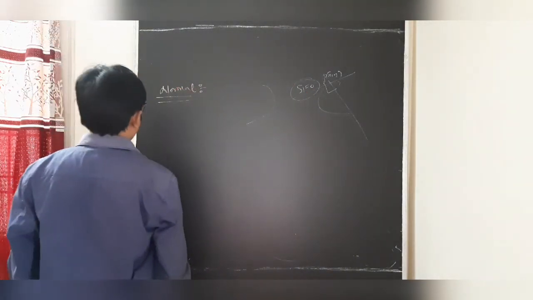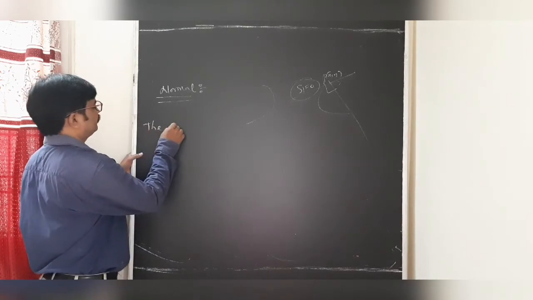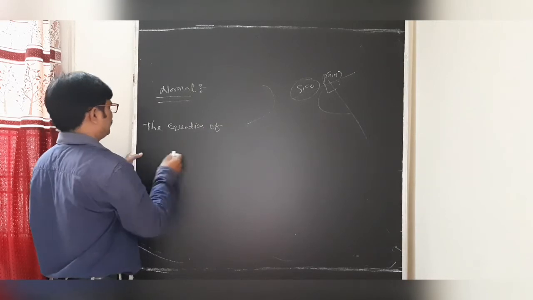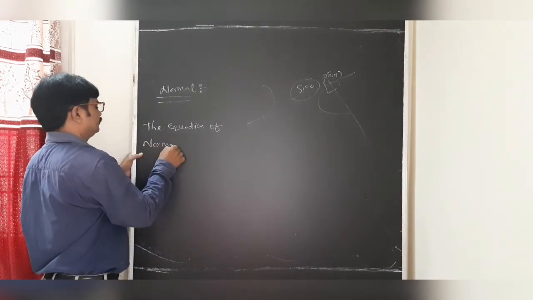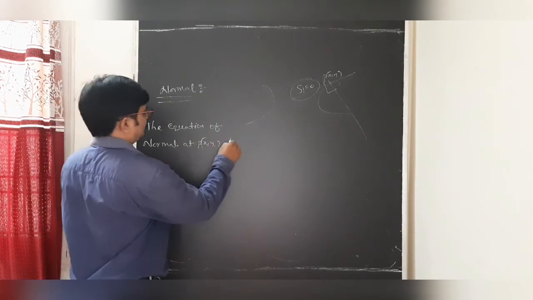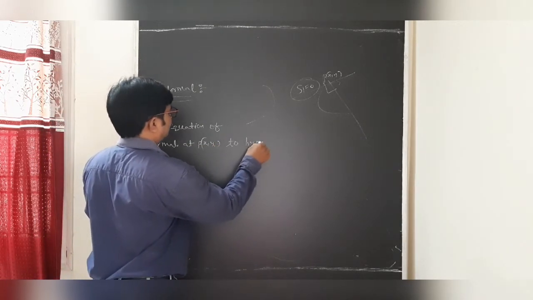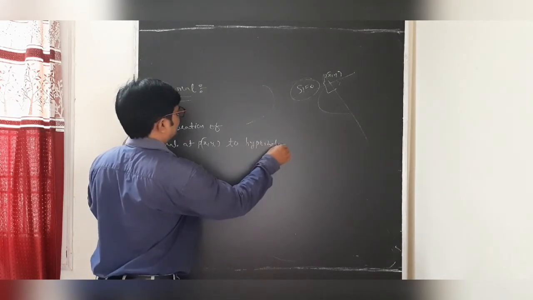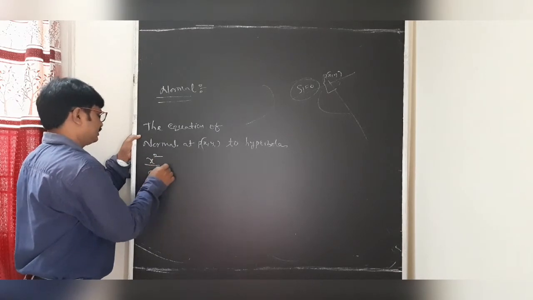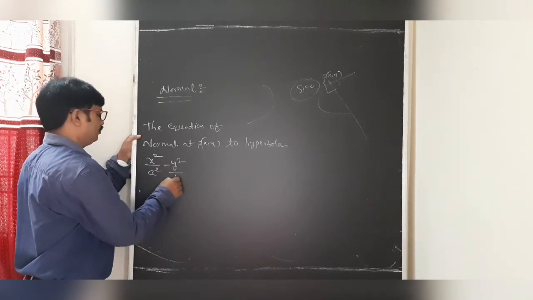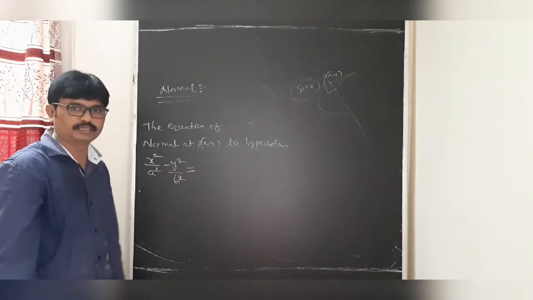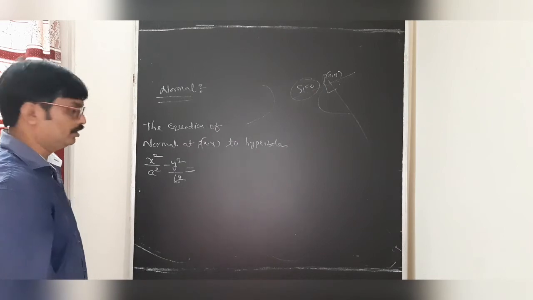In the hyperbola, dear students, the equation of the normal at P(x1, y1) to the hyperbola. The formula is enough, students. In the hyperbola, all formulas are enough, the proofs are not necessary. We can prove them in the ellipse.